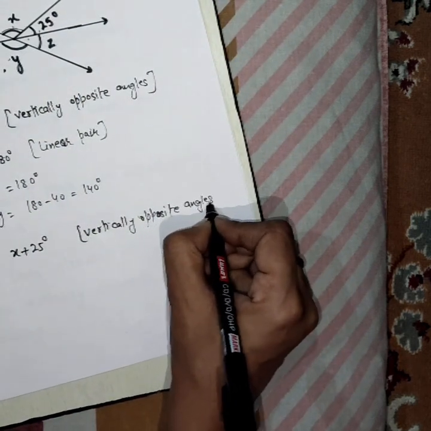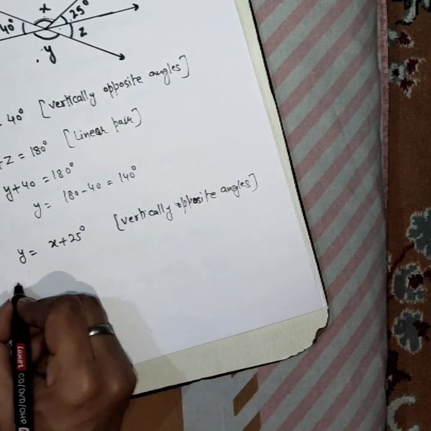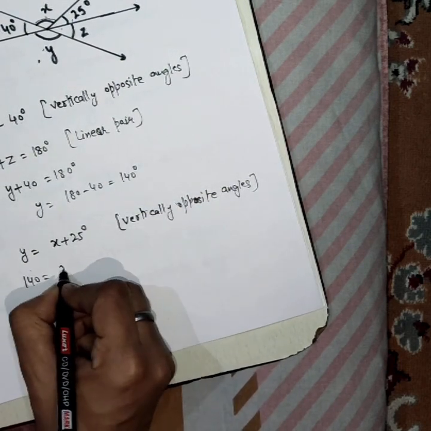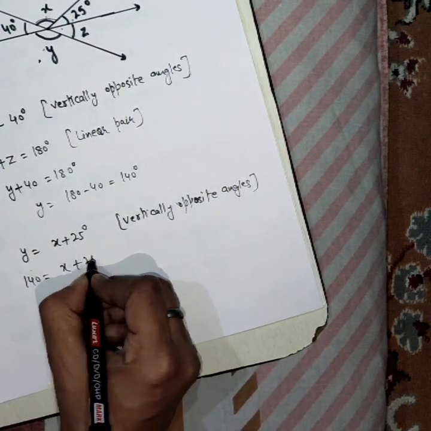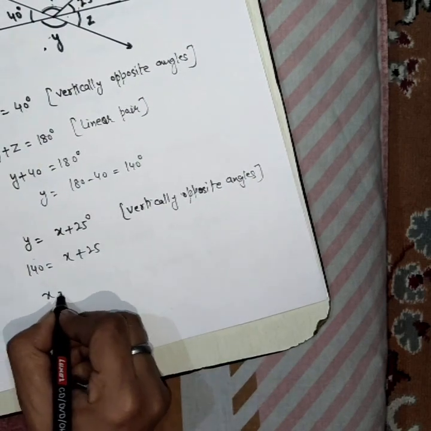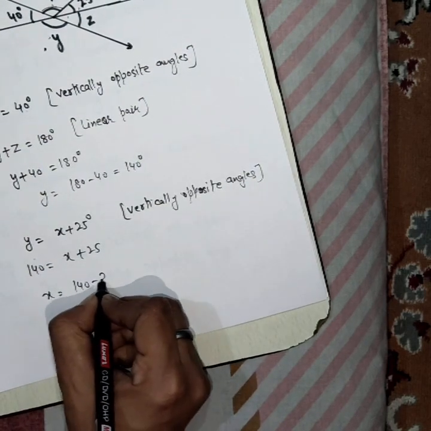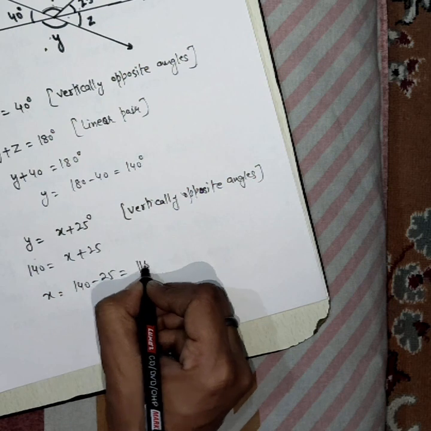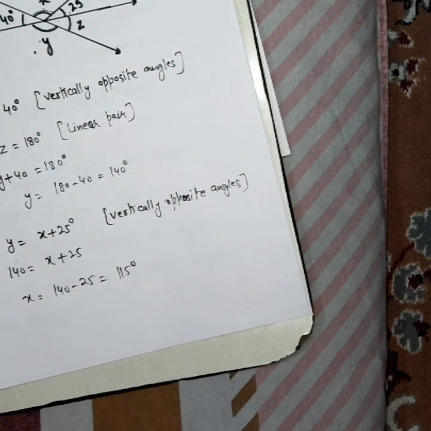Now y is 140, x plus 25. X is equal to 140 minus 25, that is equal to 105 degrees.